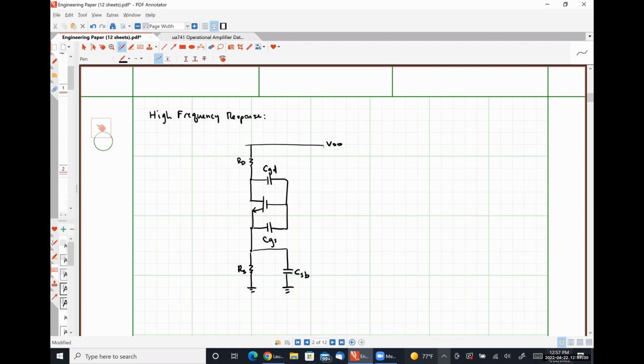On this side, I still have my resistor R1 and my resistor R2. I have my drain body capacitance, CdB, that I need to take into account.